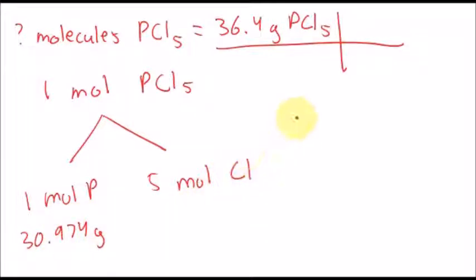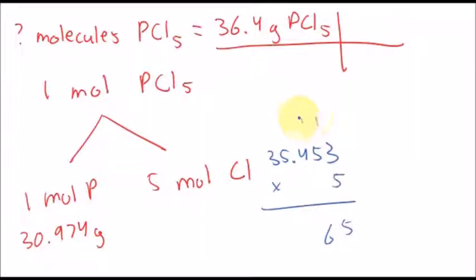We just looked at this. The molar mass of chlorine is 35.453. Multiply this by 5, and we would get 177.265 grams. Hopefully you have a calculator for this so you don't have to go through this brutal process.